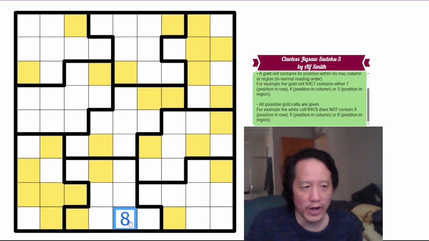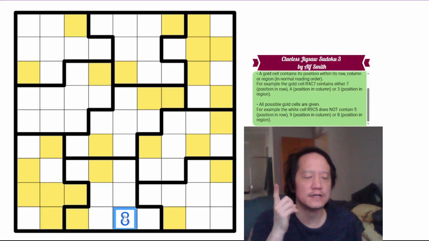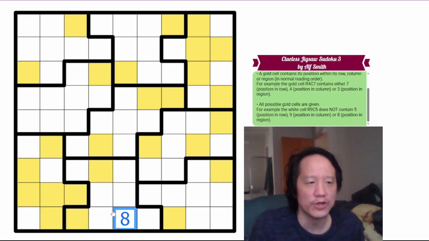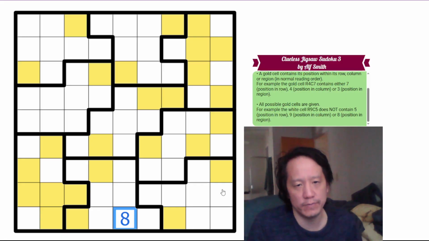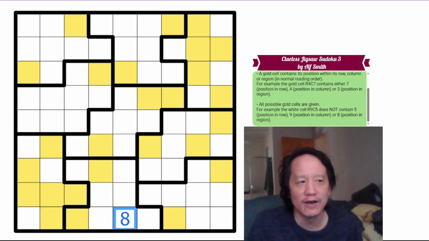So because it's white and all gold cells are given, this cannot contain the digits that a gold cell would normally have, because we know it can't be gold.